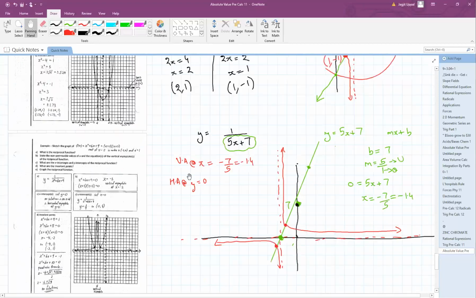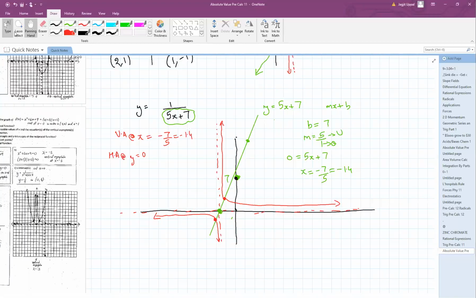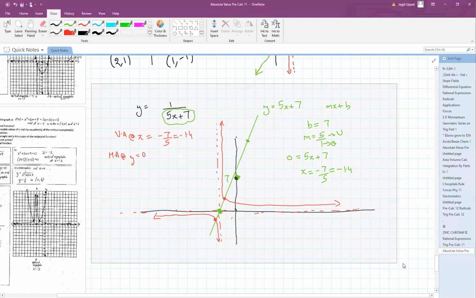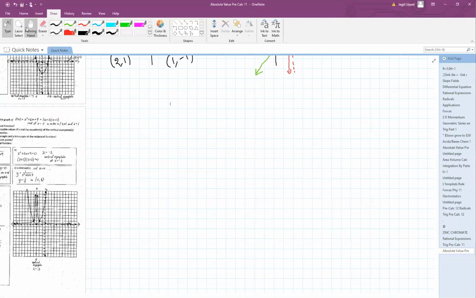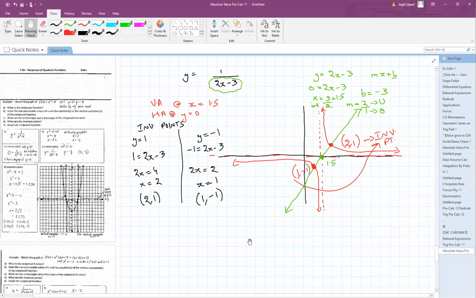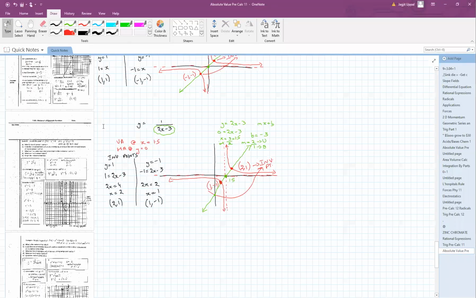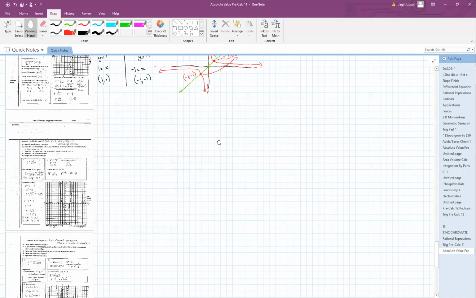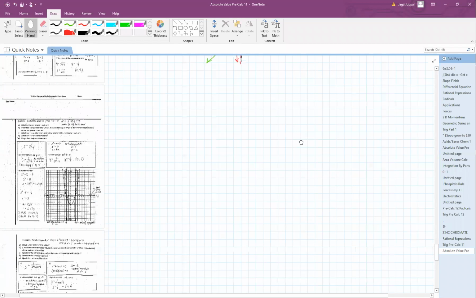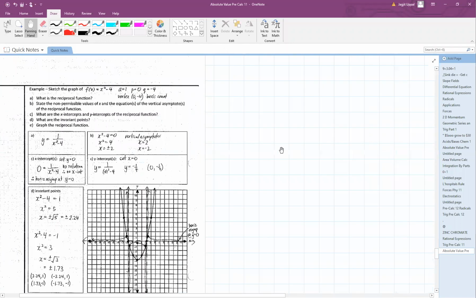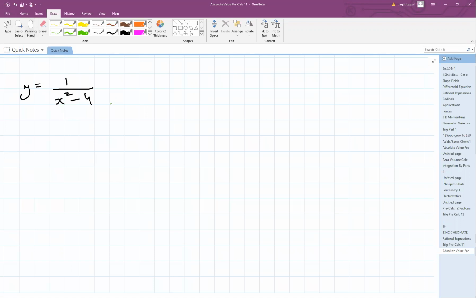Now, so far, we've only been working with linear equations. We also need to know how to get the reciprocal of quadratic equations. So now we're going to get the reciprocal of quadratic equations. If I tell you the question that I want to graph is 1 over x squared minus 4, what's the first thing you're going to do, Sean?